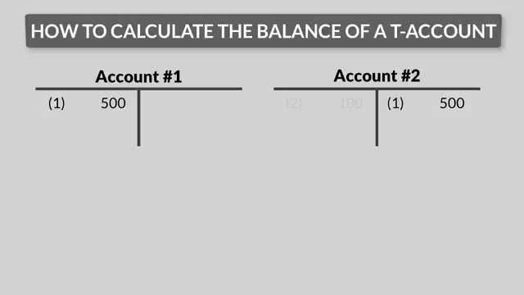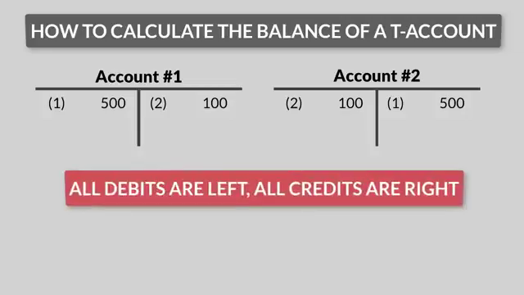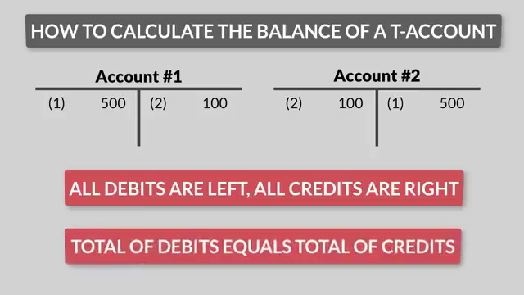For the second transaction, account number 2 gets a debit of 100, and account number 1 gets a credit of 100. With that, we successfully applied the first two rules of debit and credit. We put debits on the left side of the accounts, credits on the right side. And for each transaction, the total of debit and credit was the same.